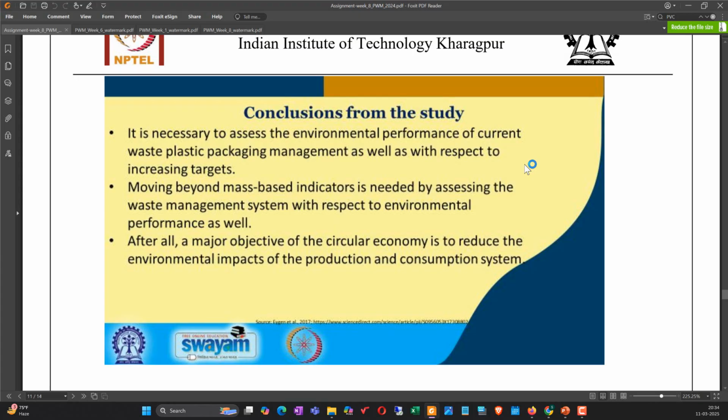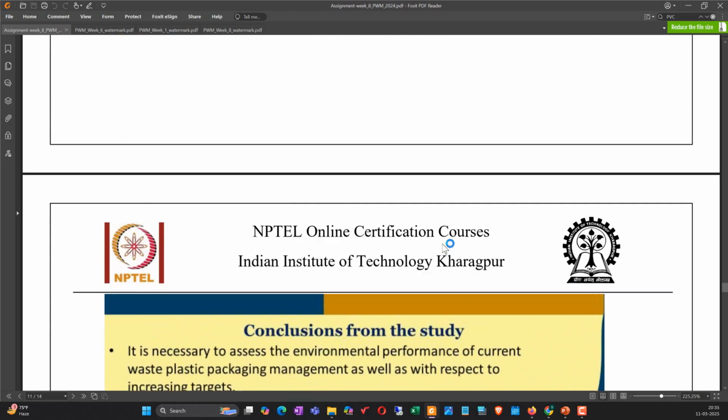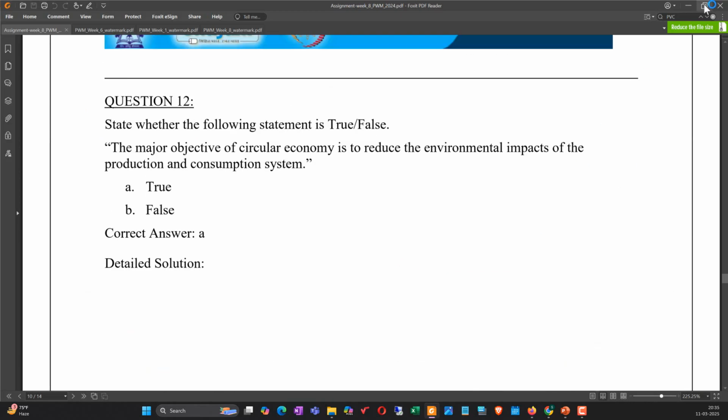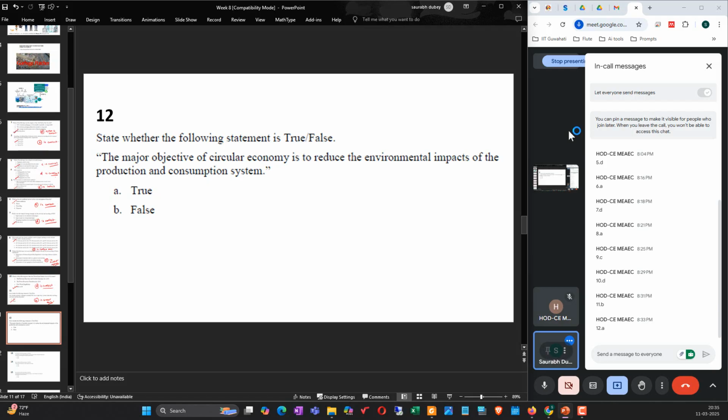After all, a major objective of the circular economy is to reduce the environmental impact of the production and consumption system. So this is the third point from where the question has been made. So 12th is the correct answer.